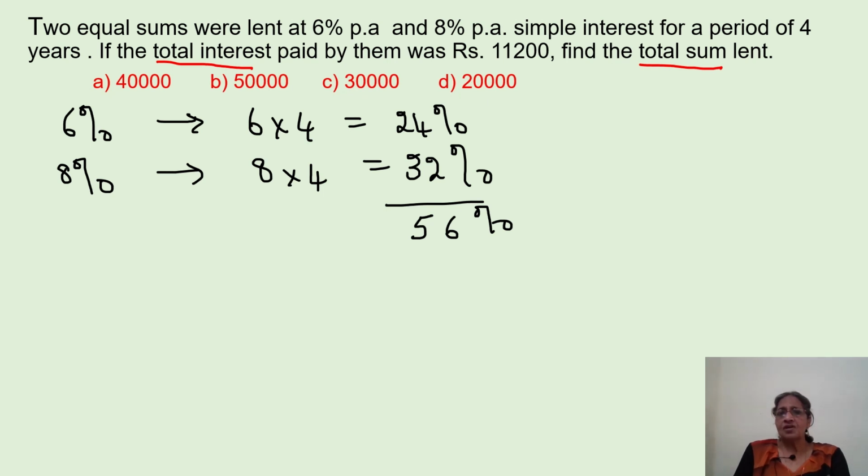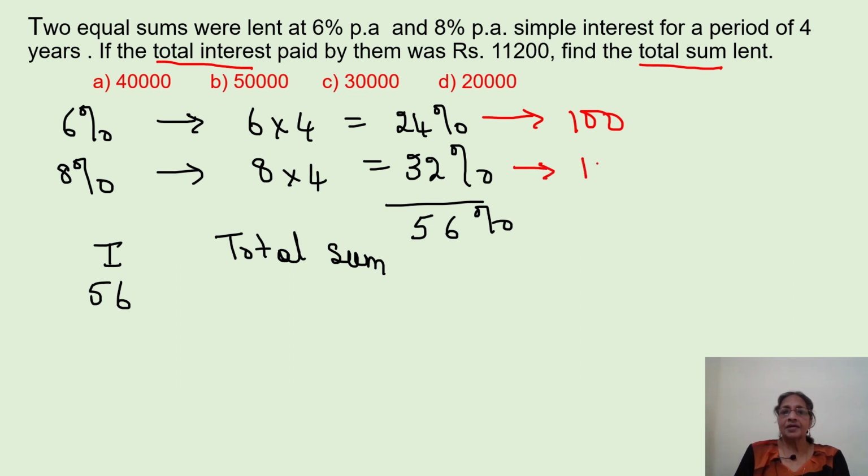56%. Okay, now the sum is very simple. If the interest is 56, now I'm directly taking total sum. Now how much will be my total sum? This is going to be for two different people. So it's going to be 100 here and another 100 here. So directly I am going to put here total sum is 200. I am given the total interest paid as 11,200. So how much is the total sum?